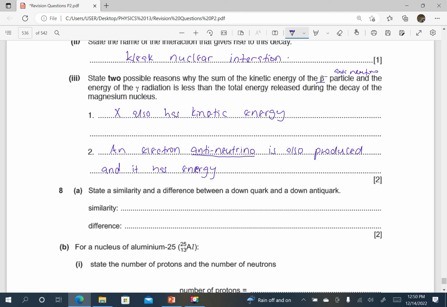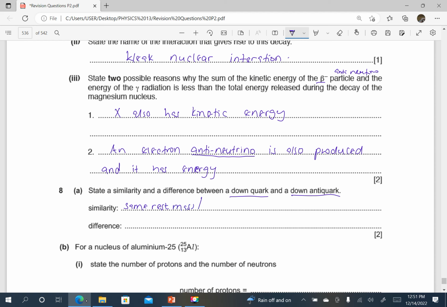State a similarity and a difference between a down quark and a down antiquark. Of course, a quark is a particle and antiquark is an antiparticle. Or quark is matter and antiquark is antimatter. That is the difference. But they have the same mass, they have the same magnitude of charge, and they are both fundamental particles. So similarity, they have the same mass or same rest mass.